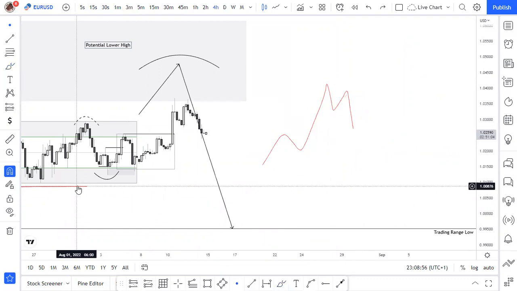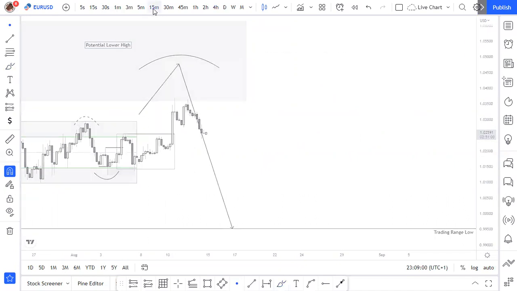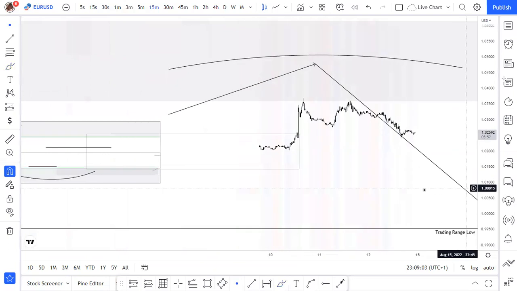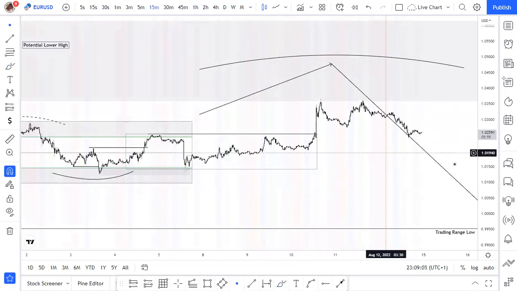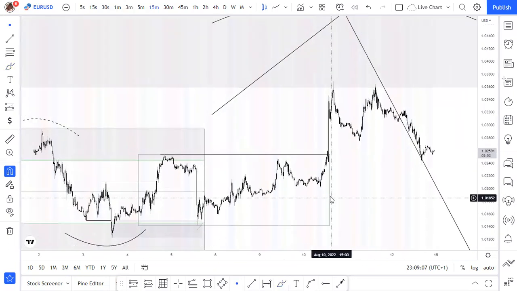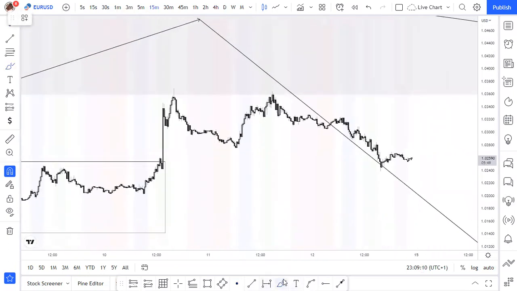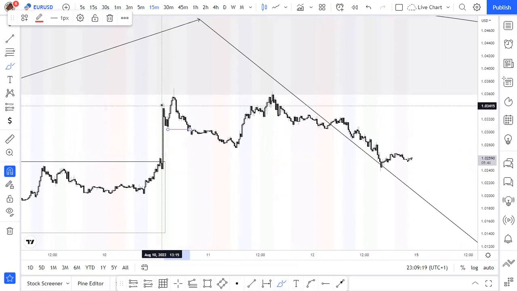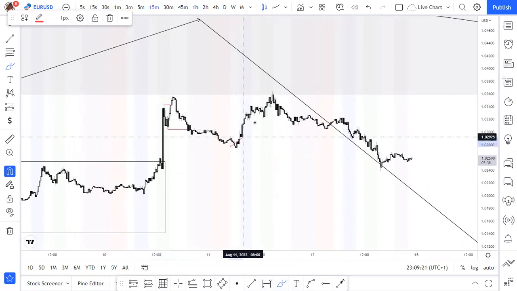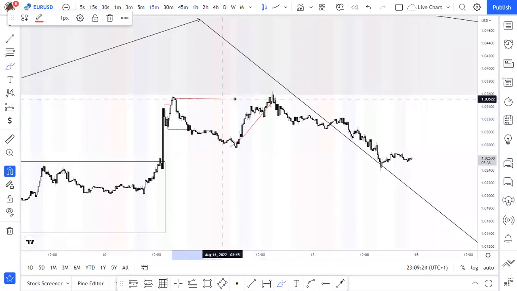Let me check the 15 minute time frame, see if there's anything. So yeah, we also have that break of structure, just the same thing. Sorry, that of Pound USD has a break of structure somewhere here. Price pulls back into this supply zone here.